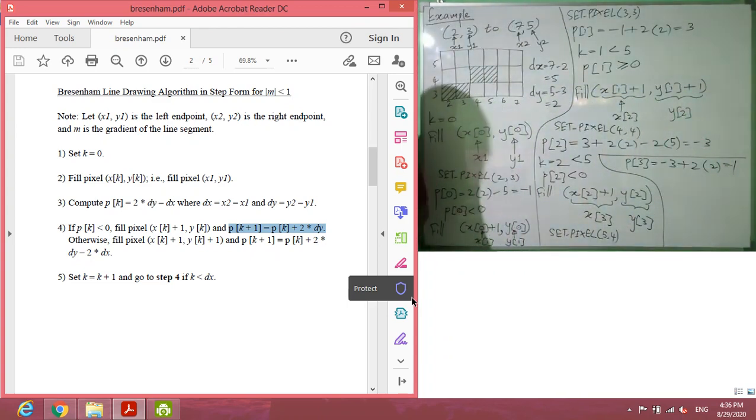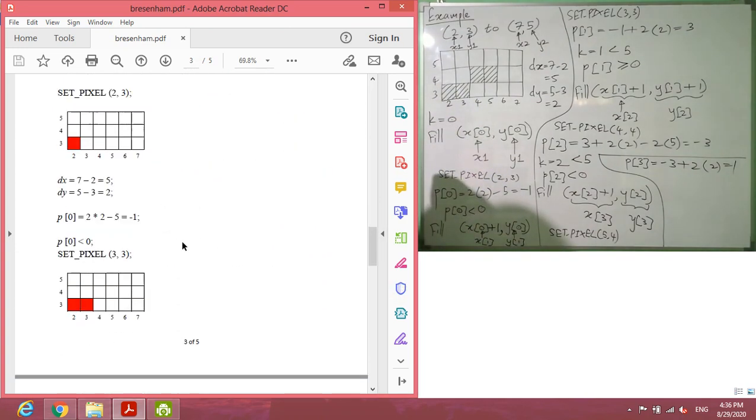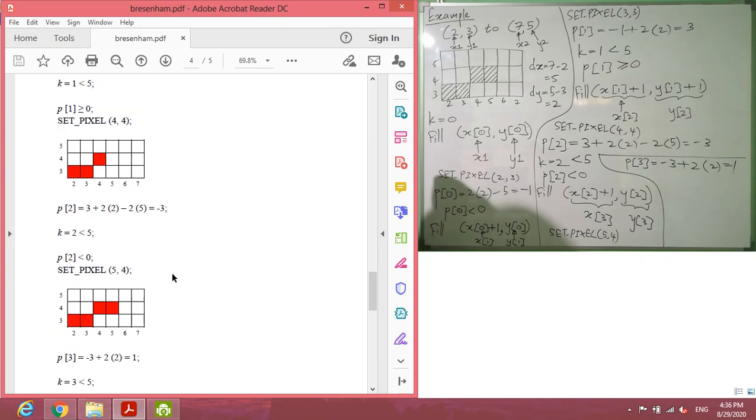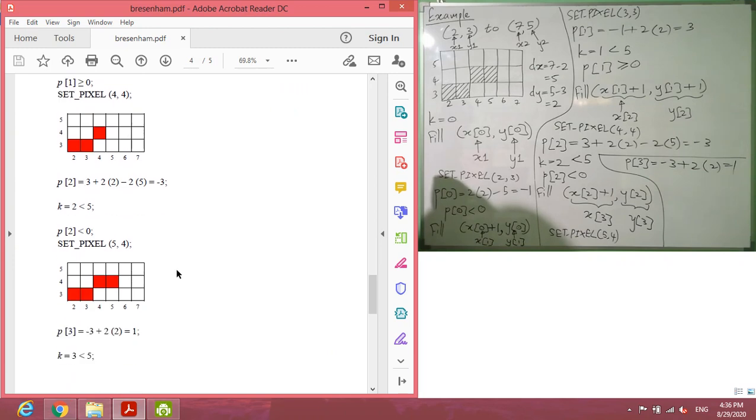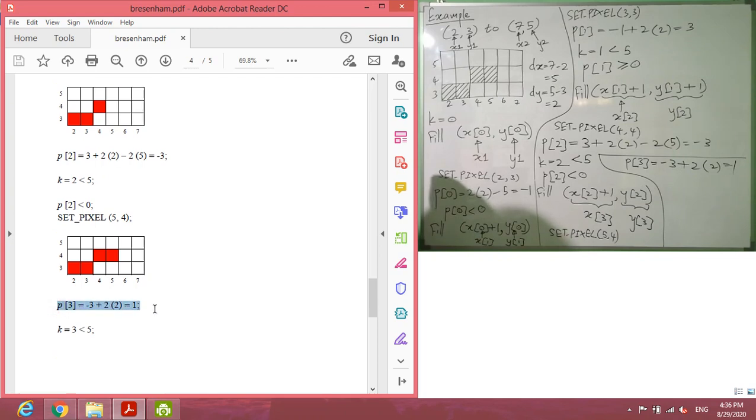P3 value is 1. Okay, now our step 4 is over. Let's see it. P3 value is 1.